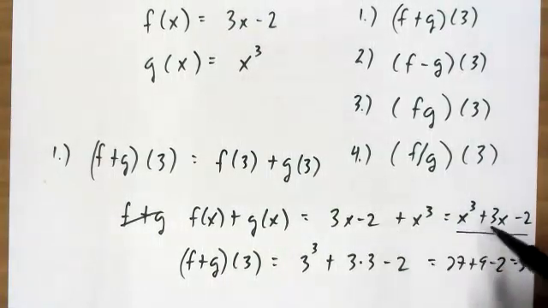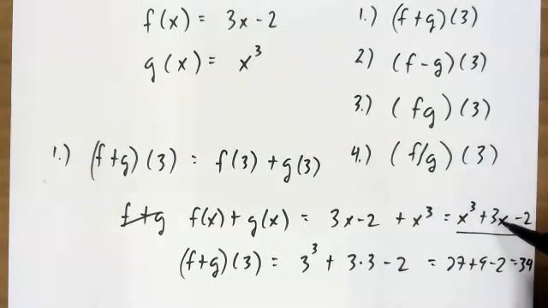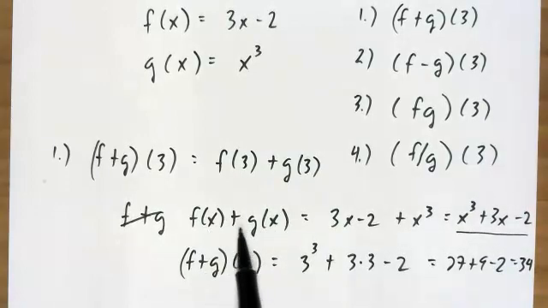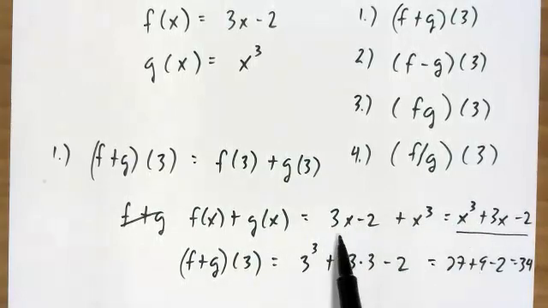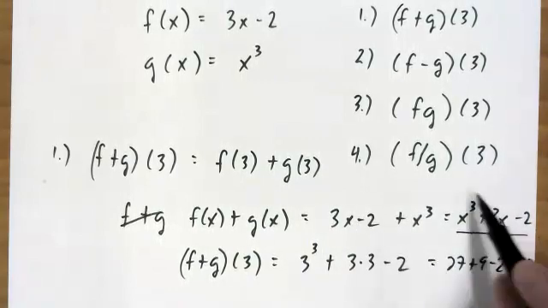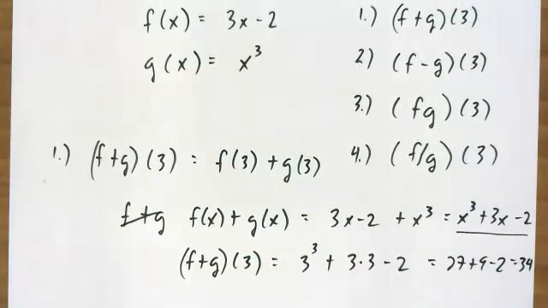Now, this is one way to do it. This, in my opinion, can be a little more work than an alternate way, because what I did here was add the functions together, leaving the variable x in there. I had to do some algebra. This wasn't too bad, but in future problems, doing it this way can get sort of messy.